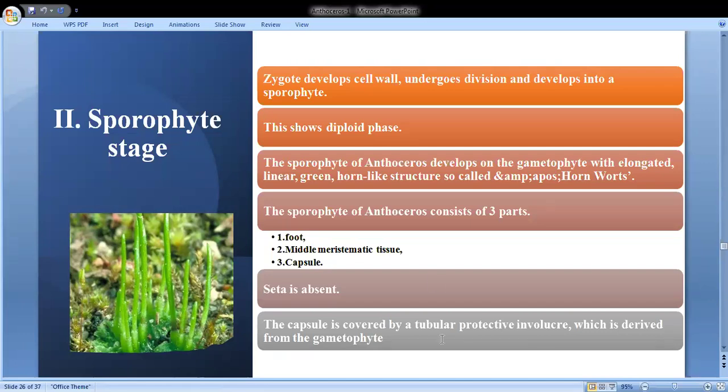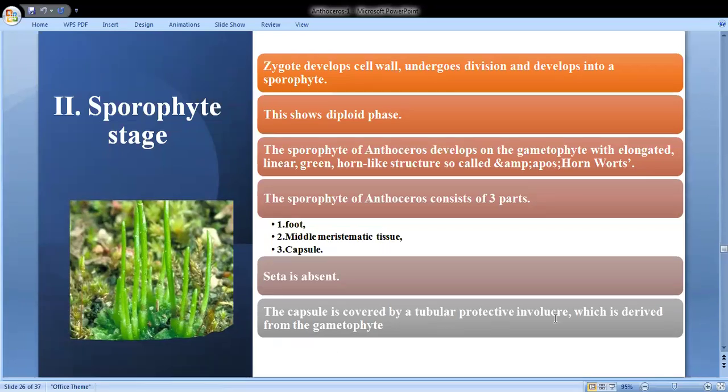Yeah, very good. Foot, seta, and capsule are observed in Marchantia, but in Anthoceros the seta is absent. So instead of the seta, here the middle meristematic tissue is present. Okay, ma'am. The capsule is covered by a tubular involucre, which is derived from the gametophyte.